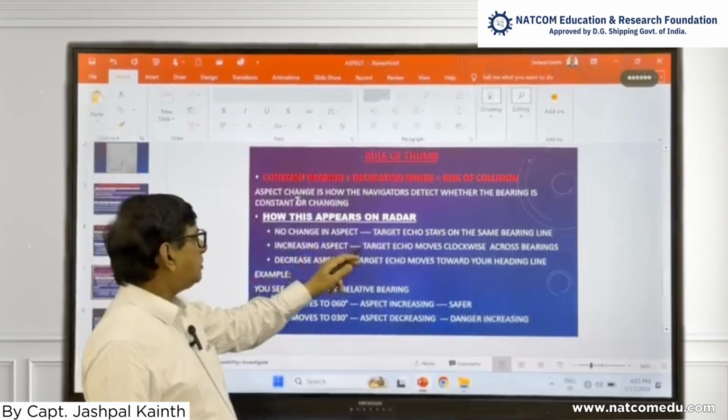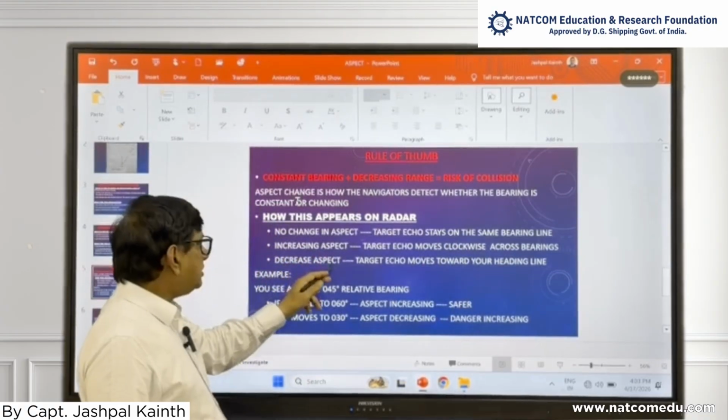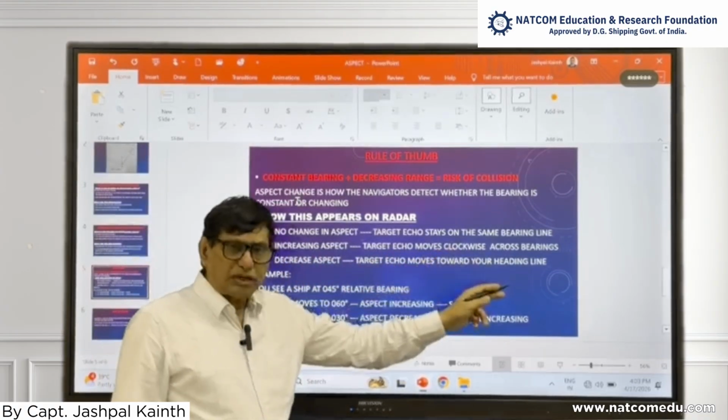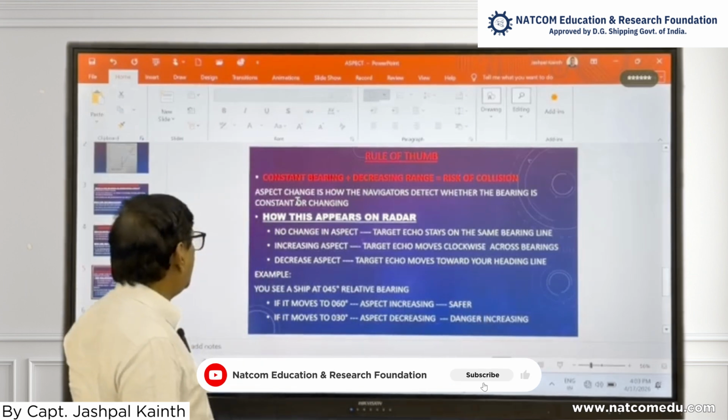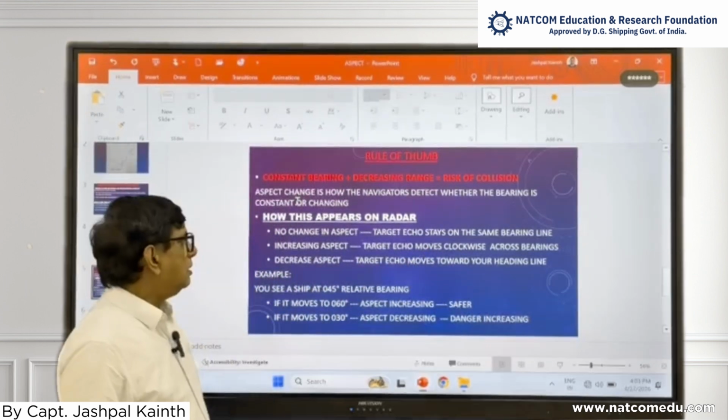No change in aspect means the target stays on the same bearing line. If it is increasing, the target moves clockwise across your bearing, or if it is decreasing, the target moves towards your heading line.